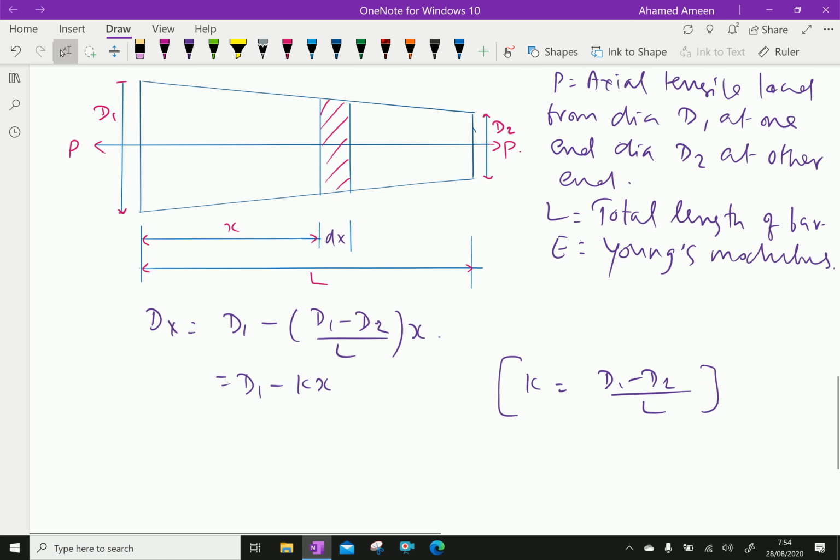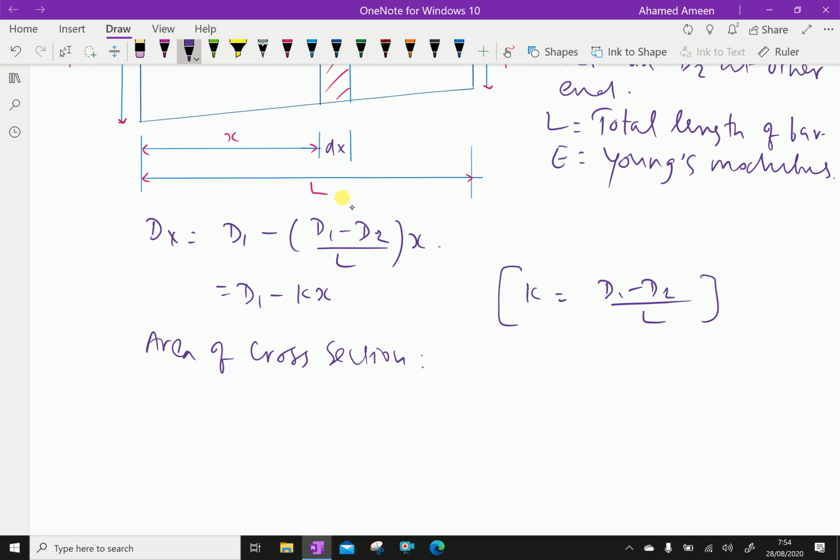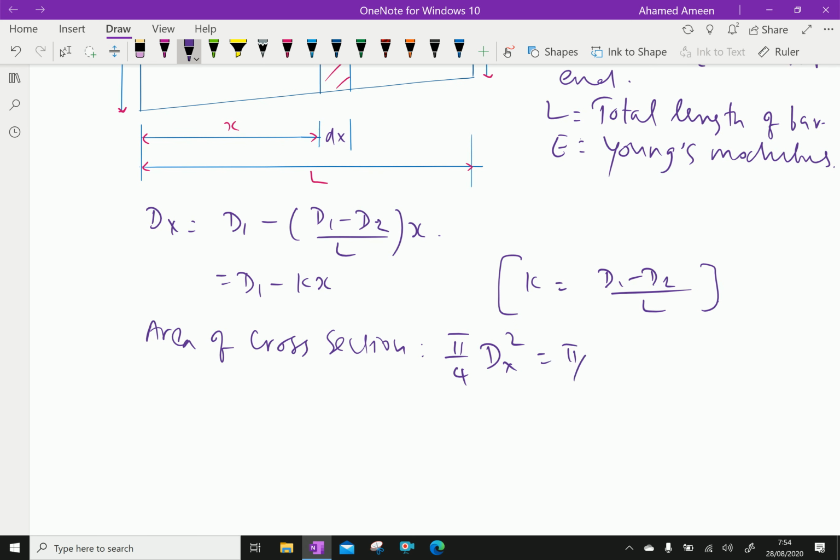Now, the area of cross section of that small element is pi by 4 Dx square, which is equal to pi by 4 (D1 minus kx) square. This is the area of cross section.